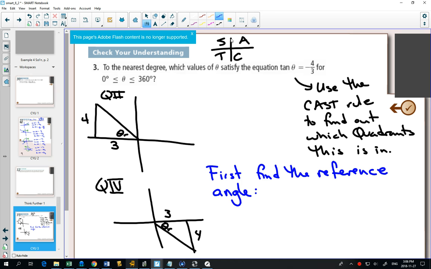Then once we've drawn those triangles, we can go back to our grade 10 SOHCAHTOA and find that reference angle. Because if we have a triangle drawn, we know how to find angles in triangles.